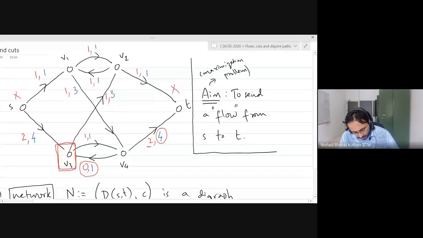So here the incoming flow is equal to 2 plus 0, and the outgoing flow is equal to 1 plus 1.